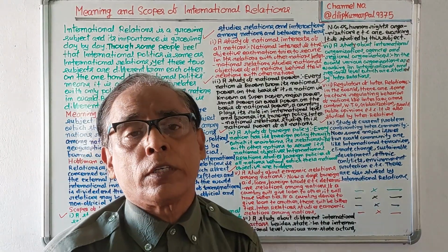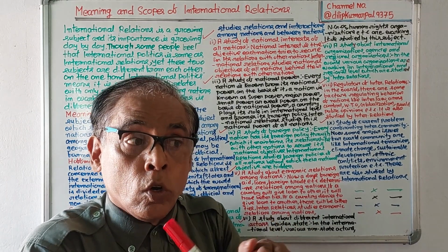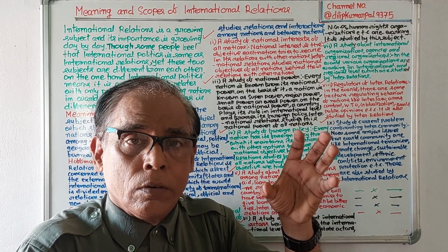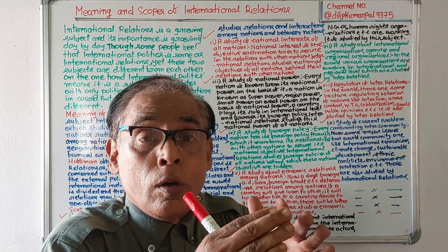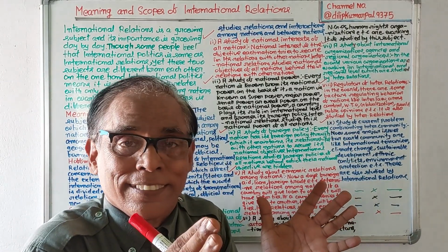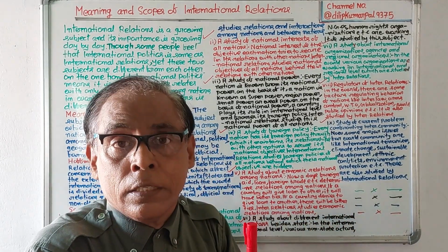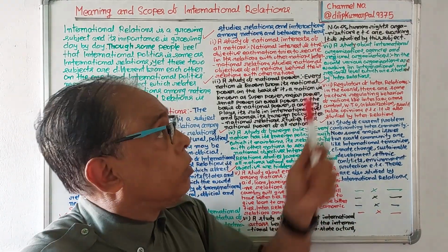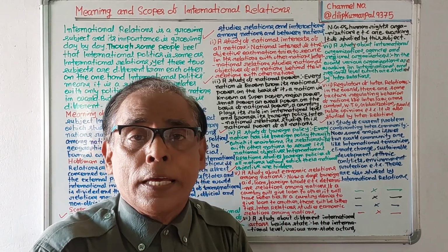Another scope of international relations is that it studies not only states, which are very important international actors at the international level, but also some non-state actors which are not given monetary help by any country. They are non-state actors, NGOs, human rights organizations, peace organizations. They are also playing an important role.